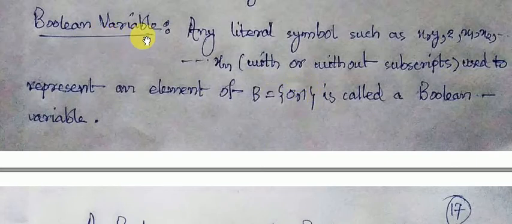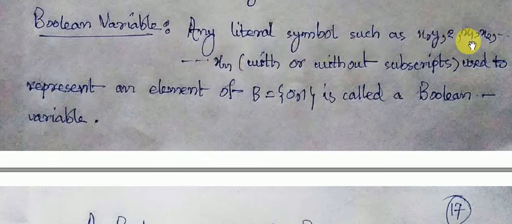Variable means any literal symbol that can take any one of these two values. Conventionally, we use such notations as x, y, z, or with subscripts, x1, x2, so on, xn.